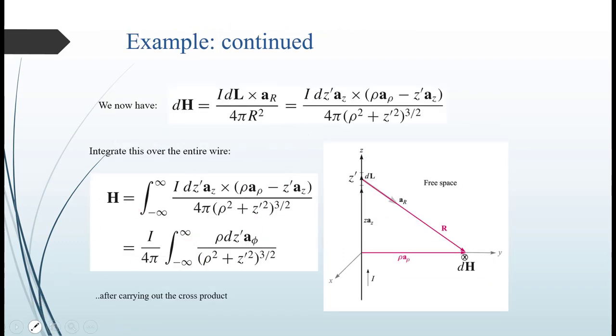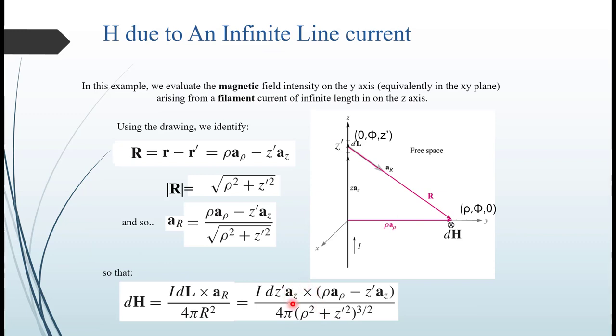The equation has been simplified here. Now see here, az cap is there, and there is a cross sign between aR cap and az cap, again in this bracket and here. So we have to consider the cross product, not the dot product. So what is az cross a rho?